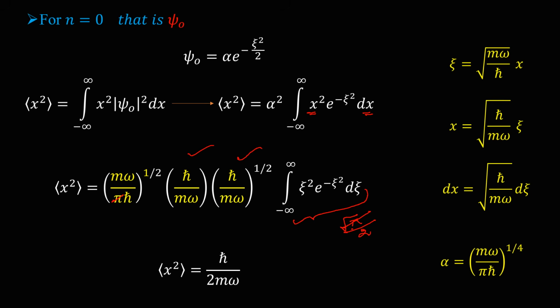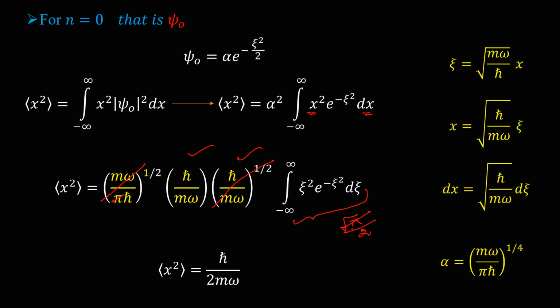Then you have (m omega over h cross) to the power half and (h cross over m omega) to the power half; the terms inside the brackets are inverses of each other, so they cancel and become 1.